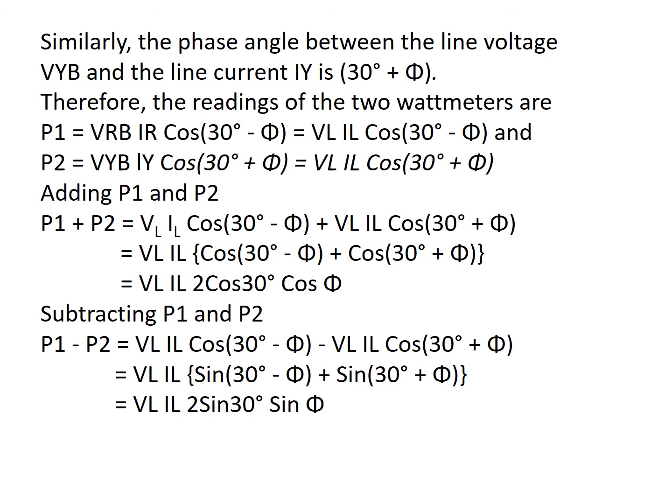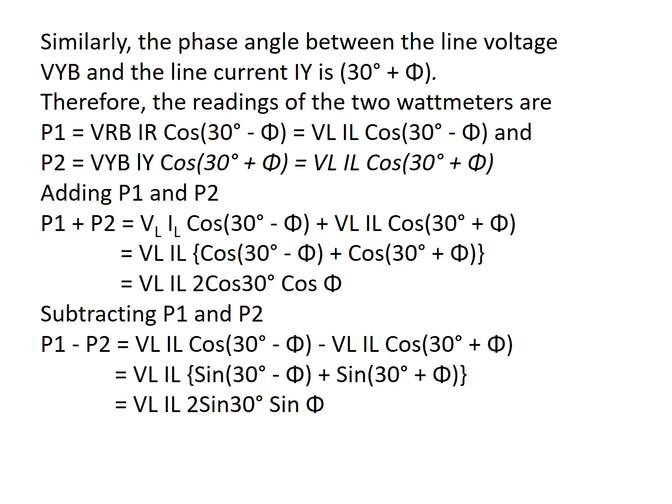For example, if phi is 0, then both VL IL terms are positive and have the same value: VL IL cos 30, VL IL cos 30. Phi is 0 means cos phi, the power factor, cos 0 is equal to 1, unity power factor.